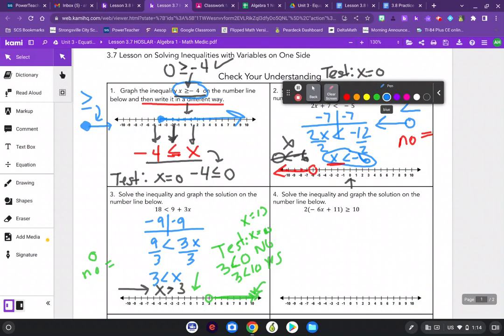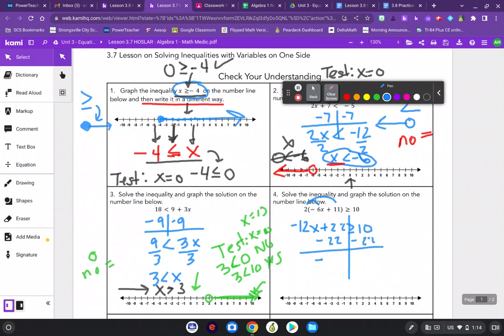All right, let's do number 4. Solve the inequality and graph it. So there are a couple ways to do this. We talked in class that I could distribute. This gives me a negative 12x plus 22 greater than or equal to 10.